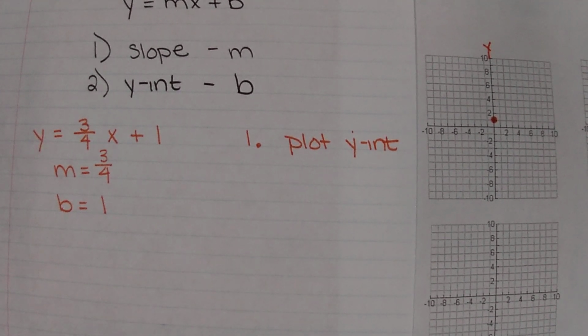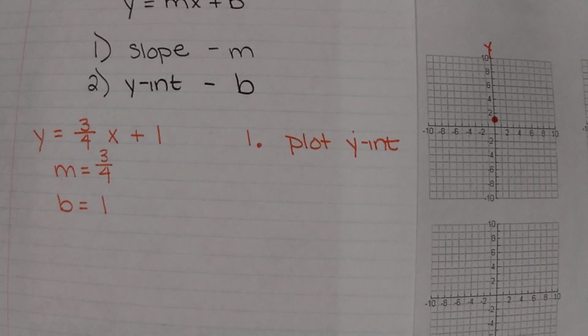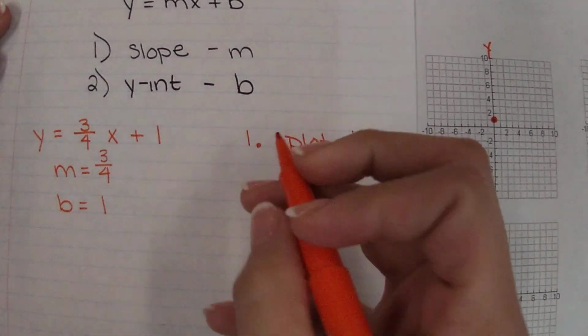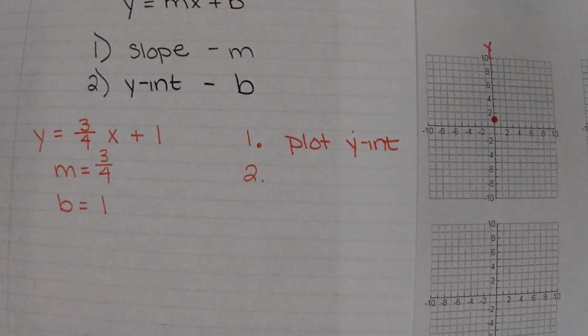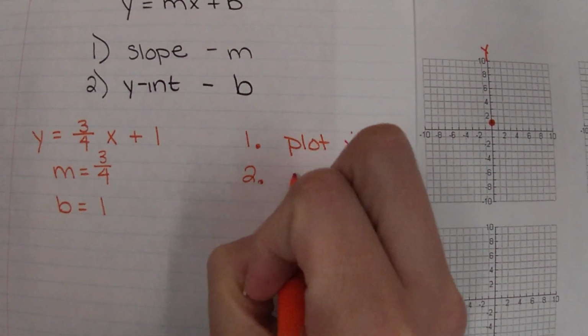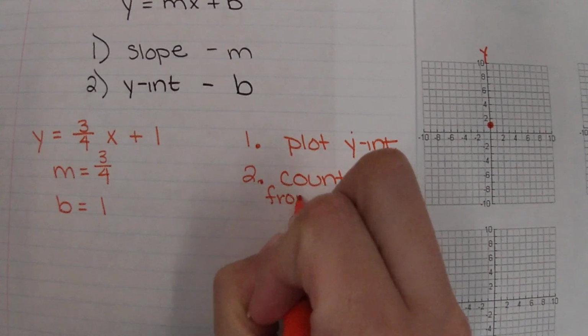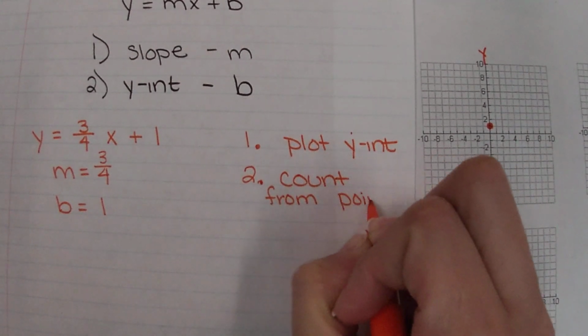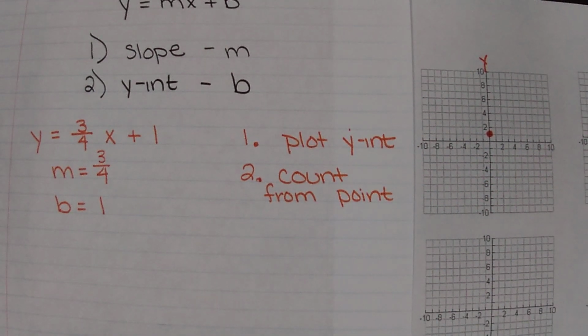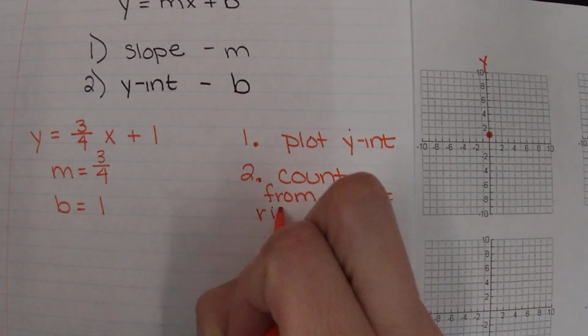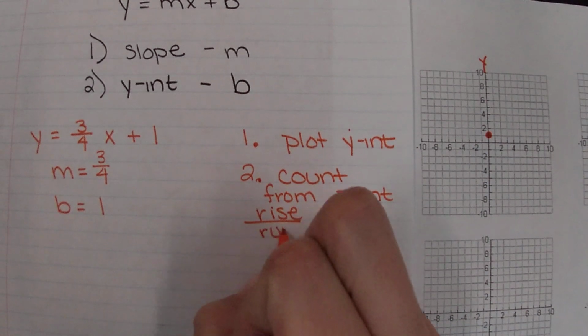But now instead of going to our x-axis, our x-intercept, man, I can't talk today, our second step is going to be to count from that point. Not from the origin, not from another place on the coordinate plane. From that point we made, our rise over our run.